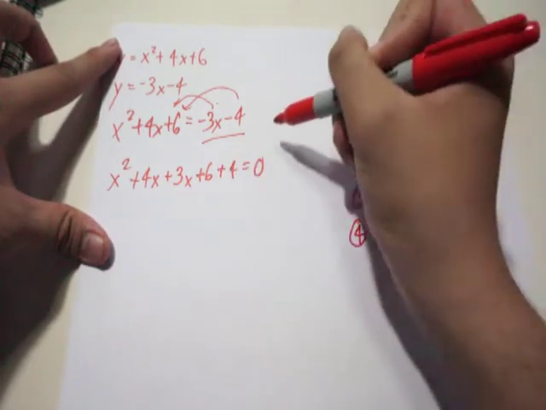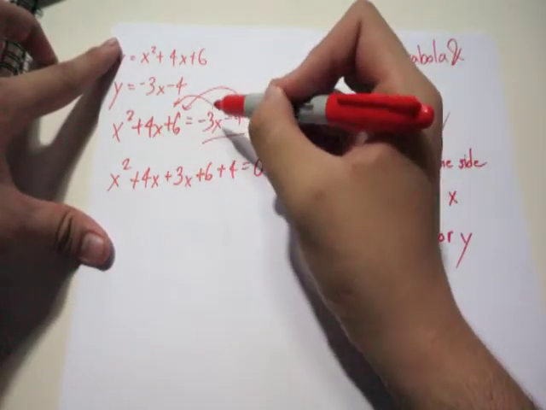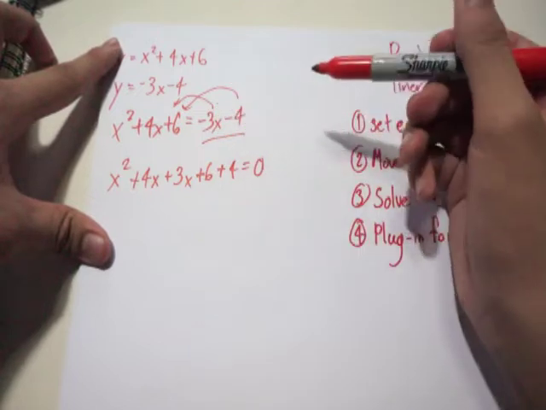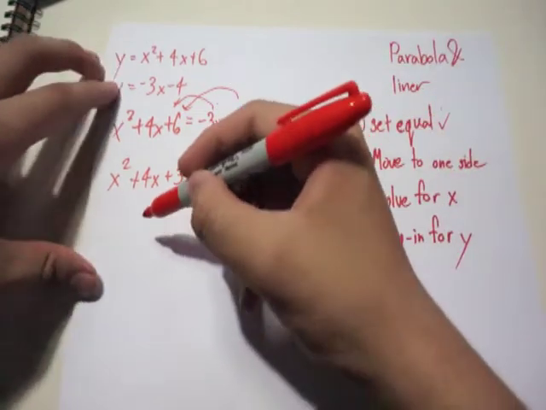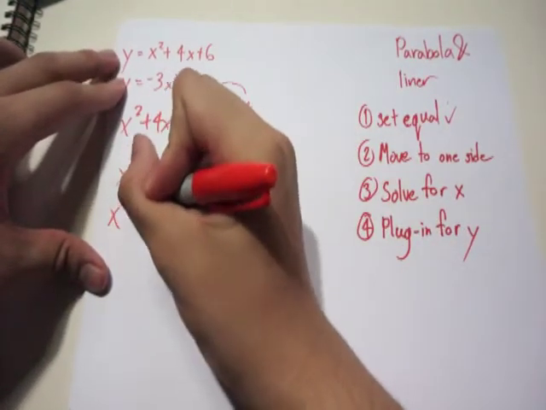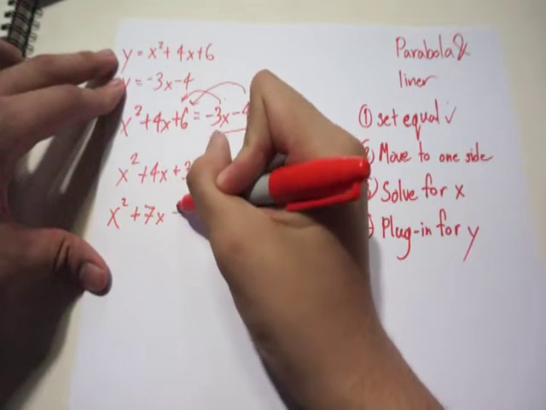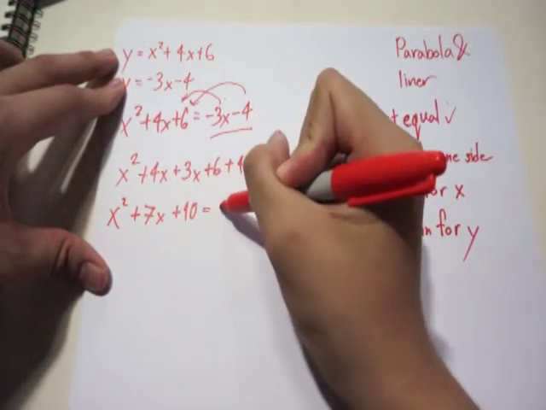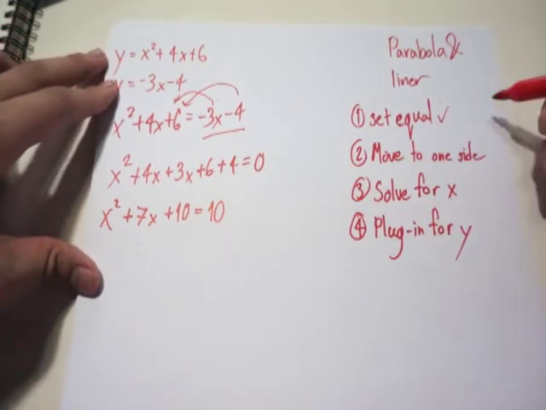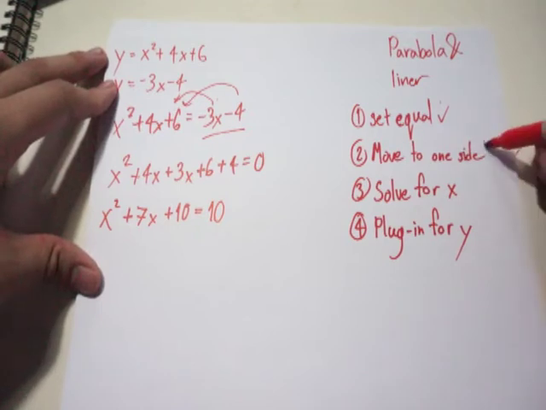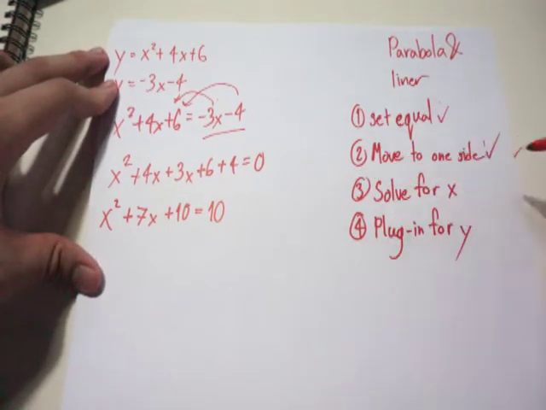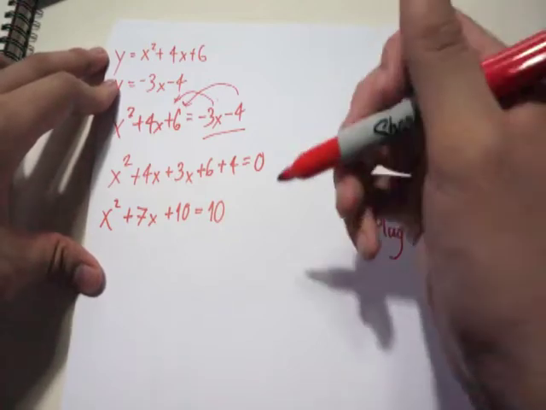Always remember, when things go to the opposite side, their sign will also be the opposite. And now we're gonna clean things up a bit. And we'll get something like this. So we got that thing done here. Don't worry, I can erase that later.